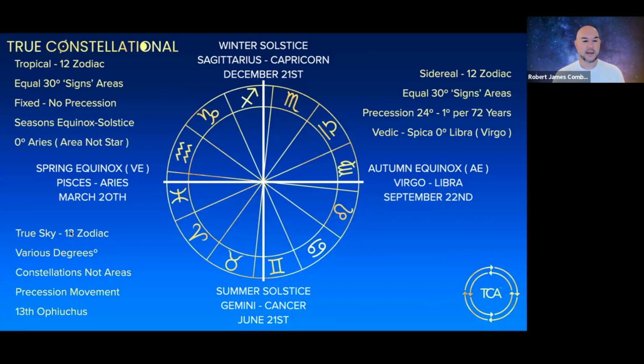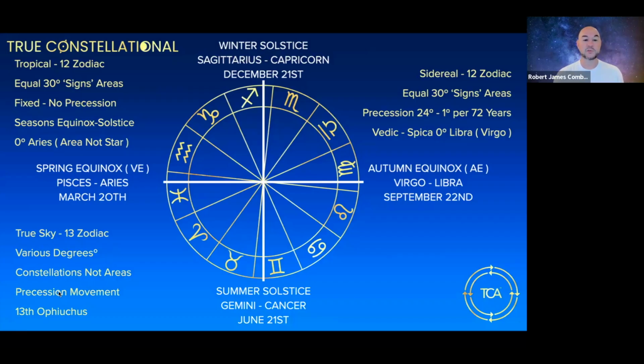And so when we look at true sky, this involved 13 zodiac constellations. This also had various degrees. So it wasn't a 30-degree equal system. It was aligned to the sizes of the stars. And this means that it's not equal areas.